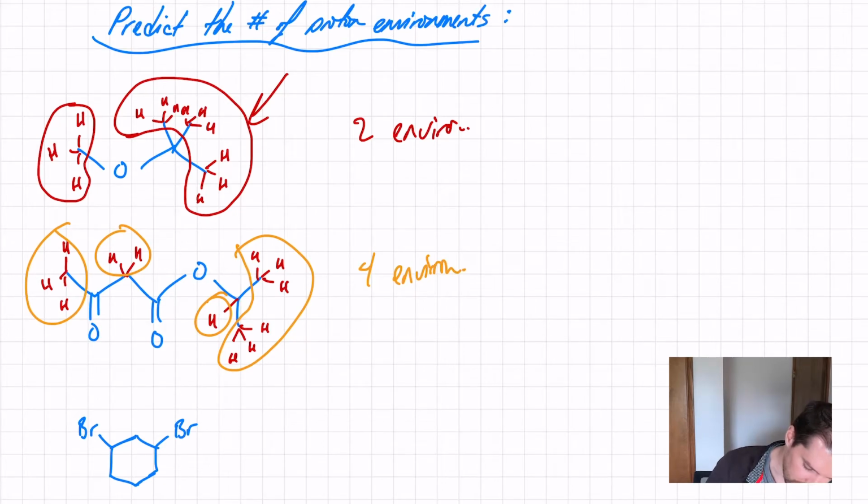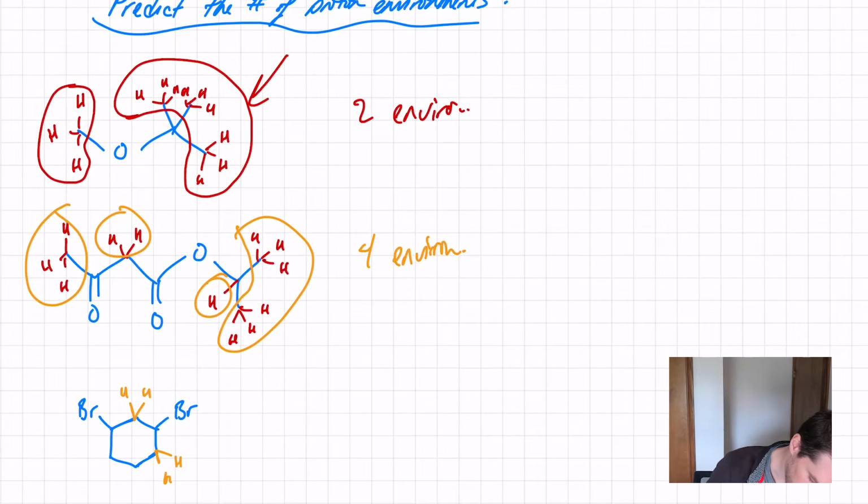All right, let's do our last one here. So I have 2 hydrogens there, 2 there, 2 there, 2 there, 1 there, and 1 there. All right, so this one, a little bit different. Let me grab a red. All right, so basically, let's look at the easy ones first here. This carbon and that carbon right there.